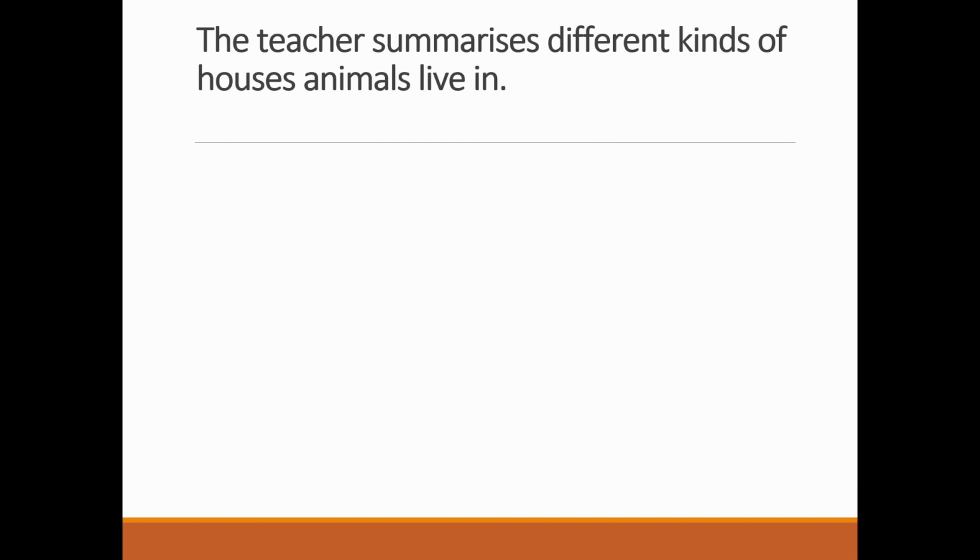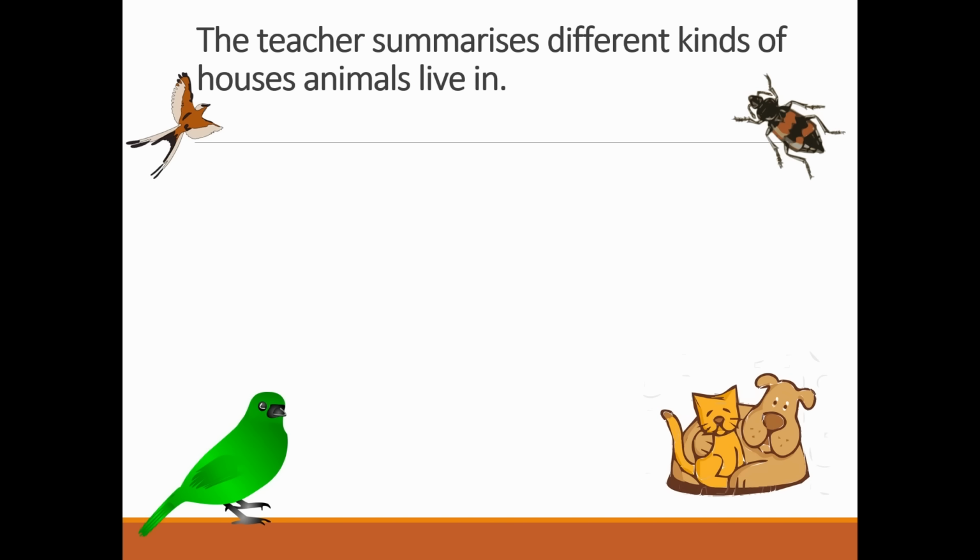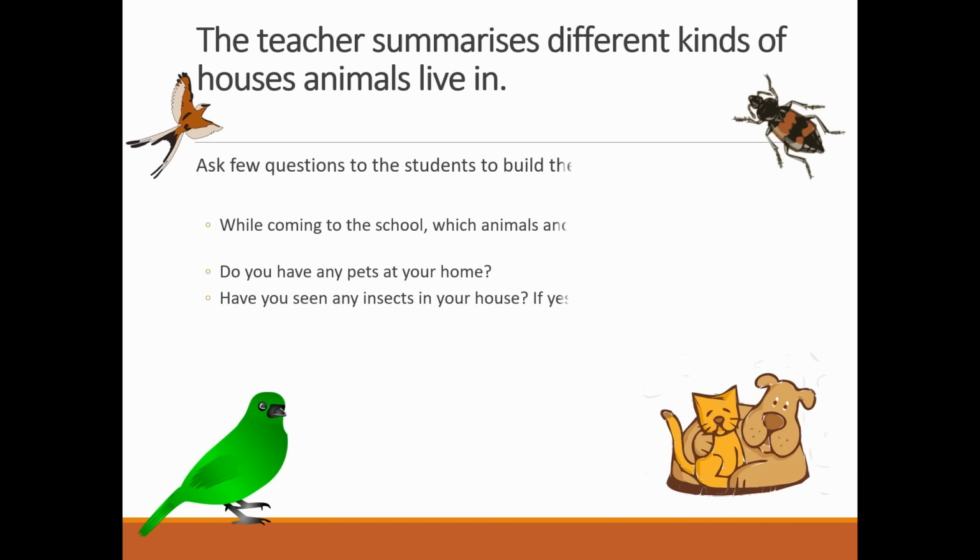After the teacher summarizes the different kinds of houses animals live in, ask a few questions to the students to build the context of the topic. Here are some questions for that. While coming to the school, which animals and birds or insects do you see around?